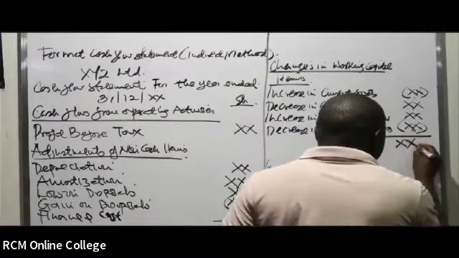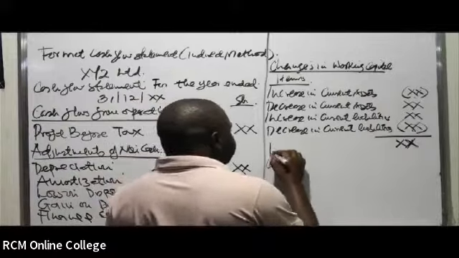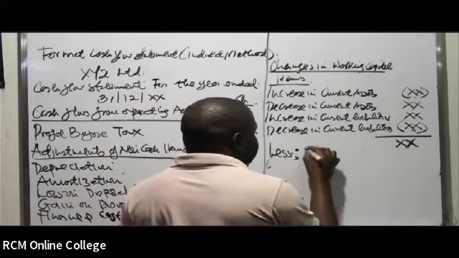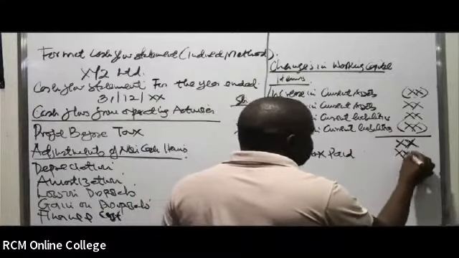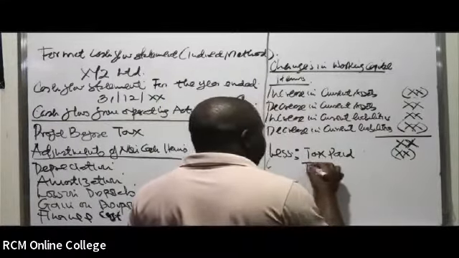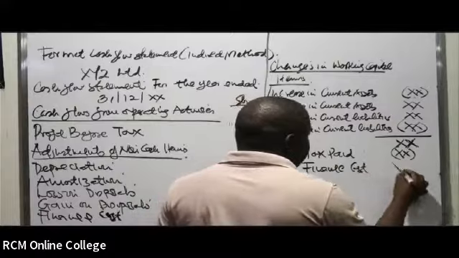Then once you close there, you in this case consider the tax paid and the finance cost. Less tax paid, and you less what? The finance cost. So less the tax paid, and less the finance cost.